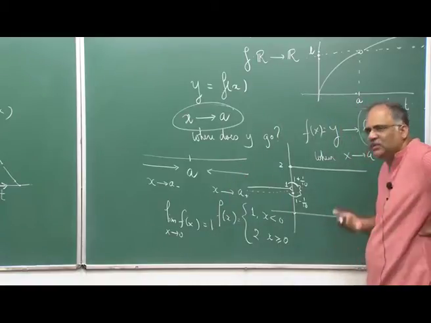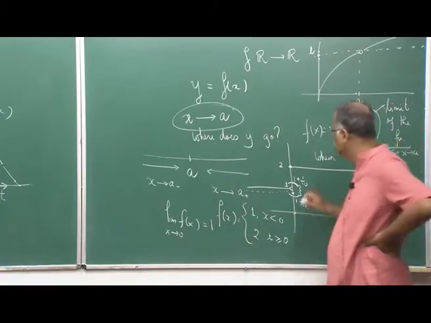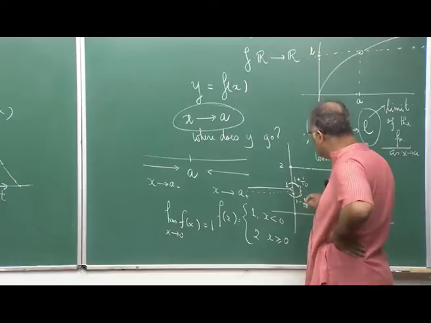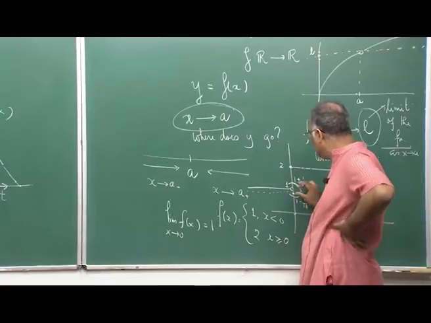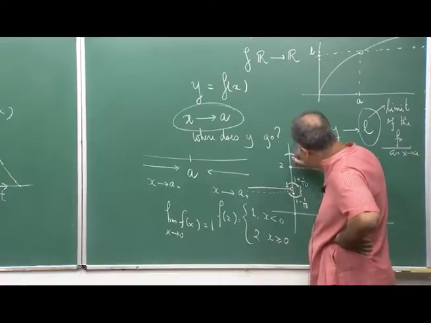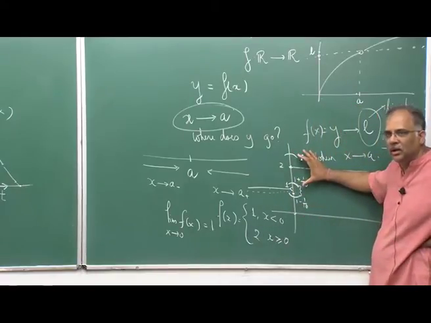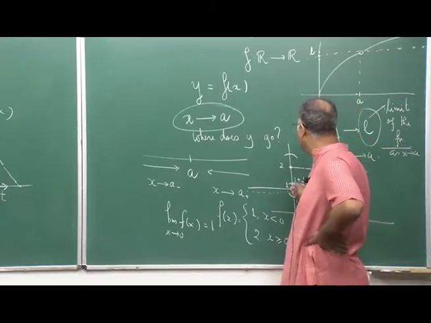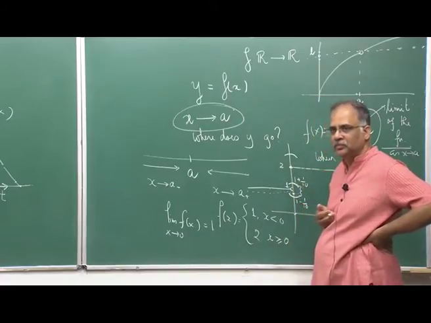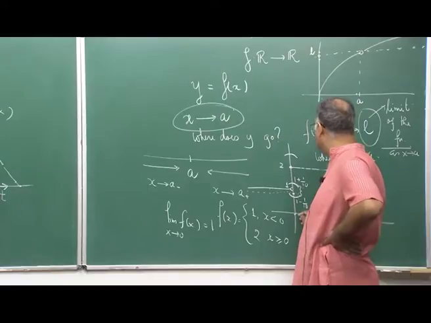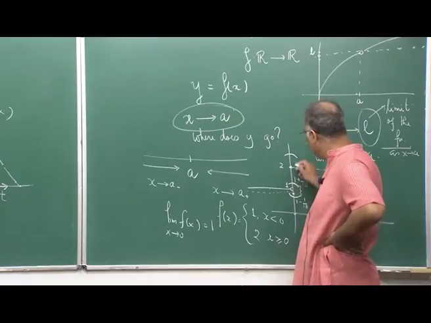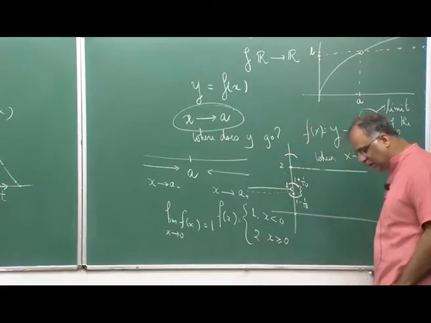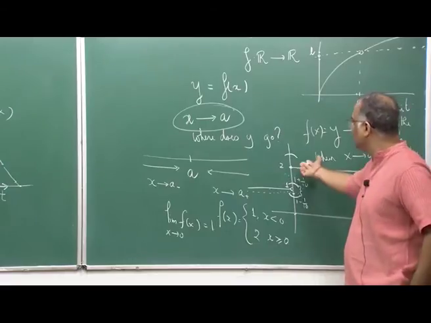Then what are the values it is taking? 2. So, I can now only consider the function value either 1 or 2. Within this particular neighborhood of 1, the functional values could be just 1 or 2. Now, 1 does not correspond to any x on this side, but if you shrink the neighborhood, then obviously you can't get any functional values.